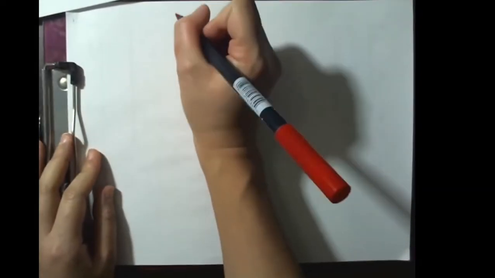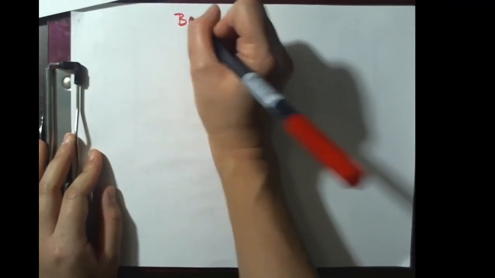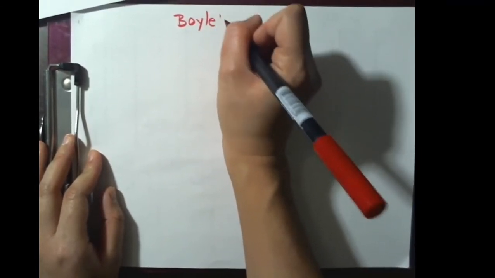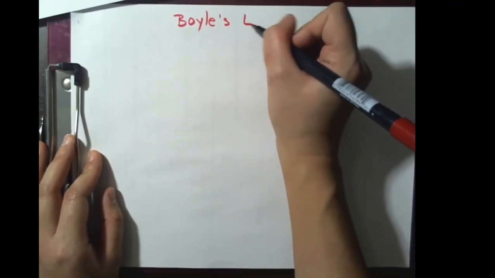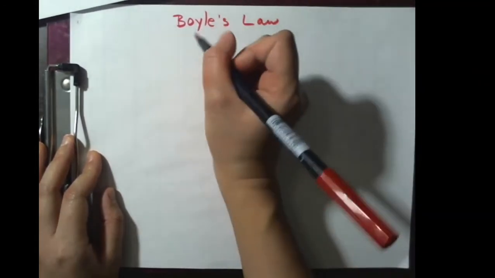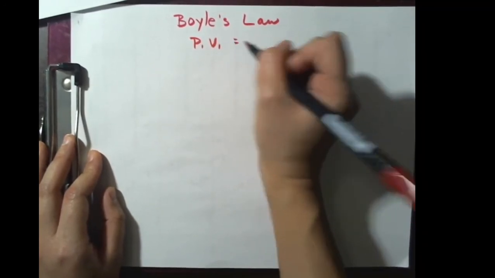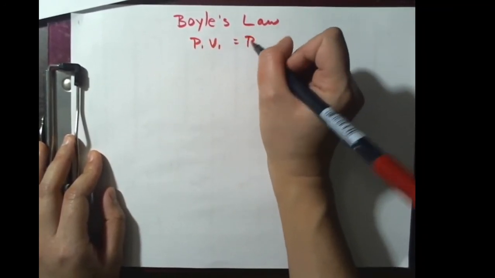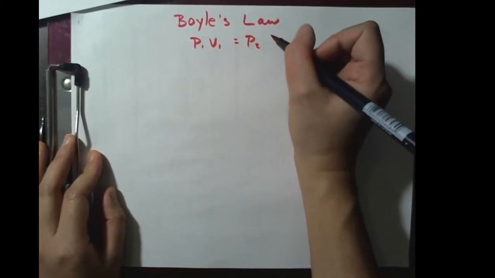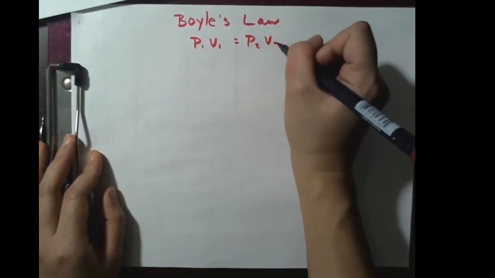Let's use this other pen. Alright, so let's repeat Boyle's law, where we have our initial pressure and our initial volume, and then we have our final pressure and our final volume.